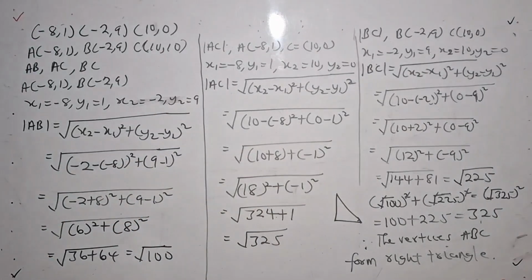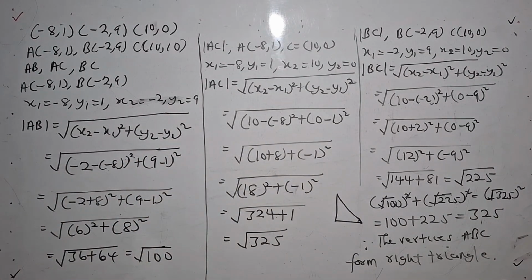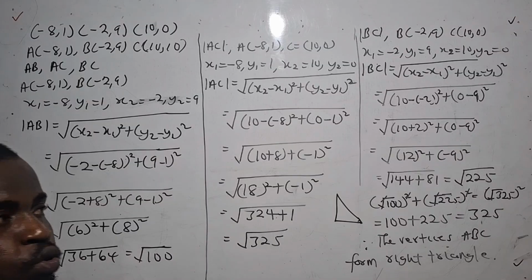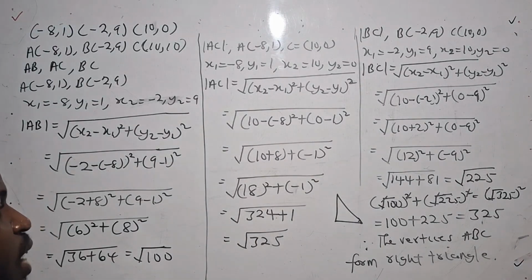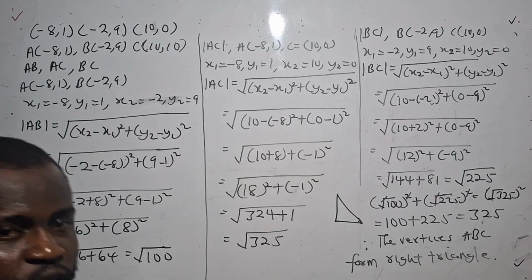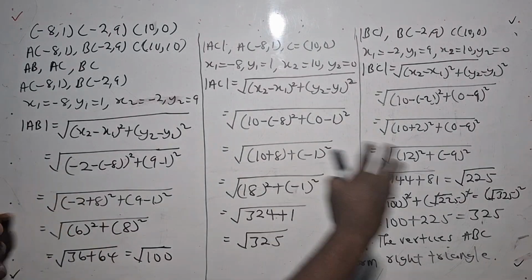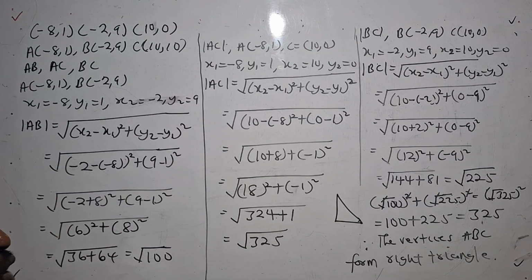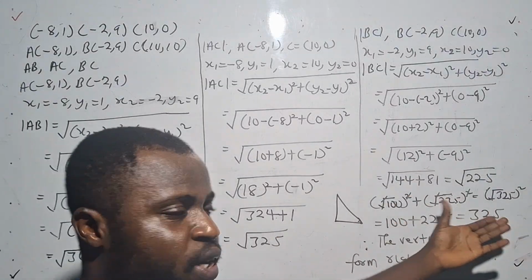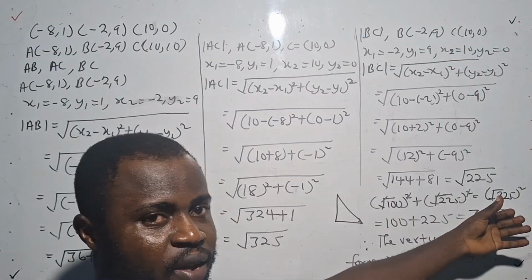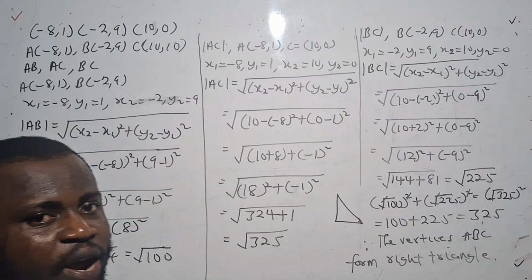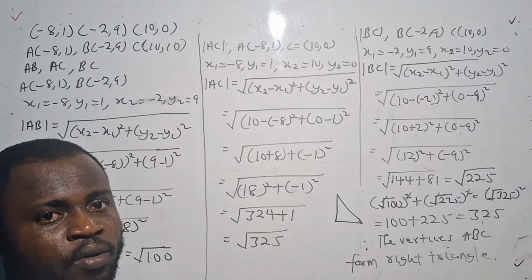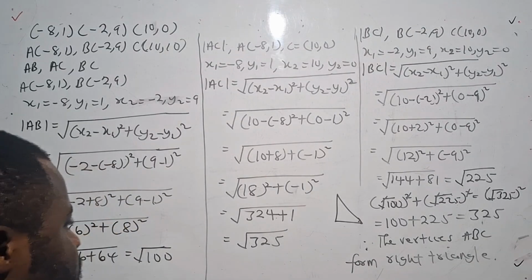Yeah, so this is the reason why we don't find the square root of the numbers. So when they say prove whether a given triangle is a right triangle, this is how we solve it. Assuming when we squared it, we didn't get an answer equal to the longer side, it means it is not a right triangle.